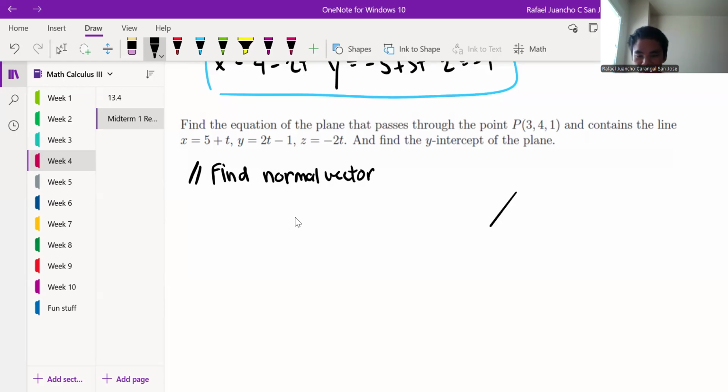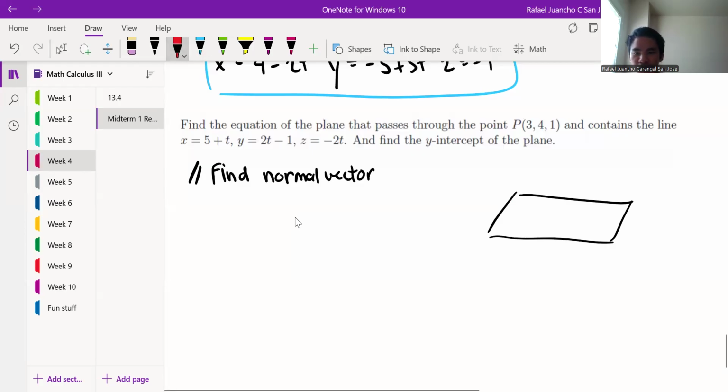So if I were to draw this out, I have this plane that I want to find. I have a line that I don't know. I need a normal vector that's perpendicular. I have a point somewhere. I don't know where in the world that point is. I'm assuming it's not here.